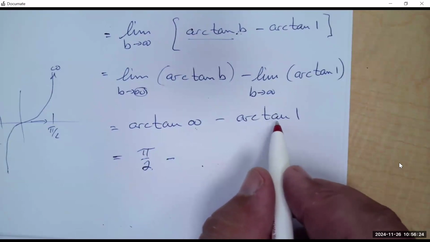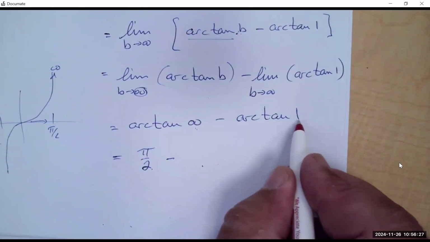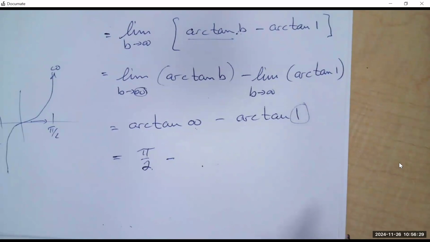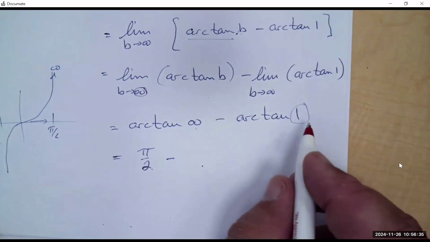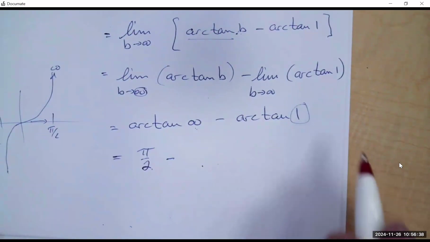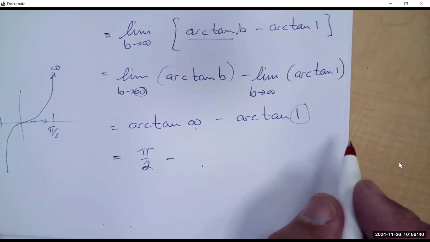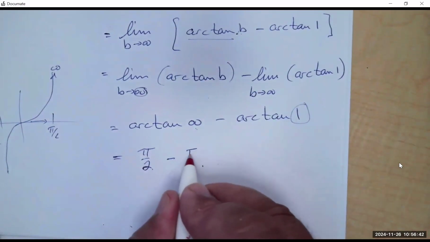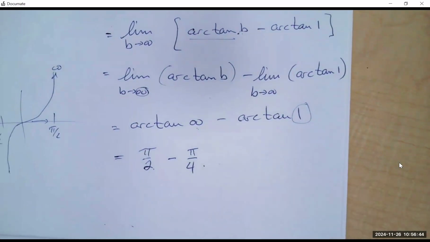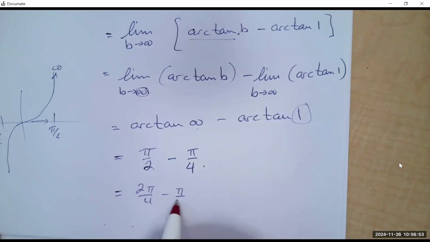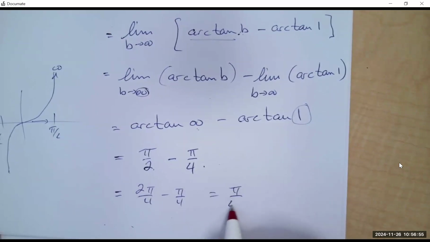Whereas at what angle does the tangent equal 1? Remember, tangent is sine over cosine. Where are sine and cosine the same value? Pi over 4, at 45 degrees. So we have 2 pi over 4 minus pi over 4, which makes pi over 4.